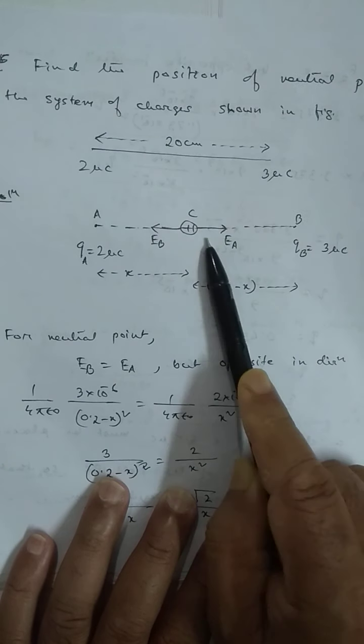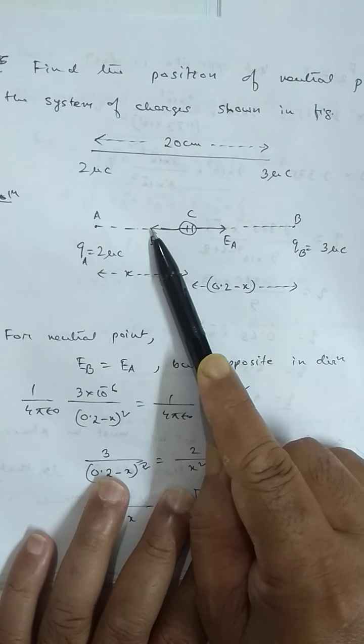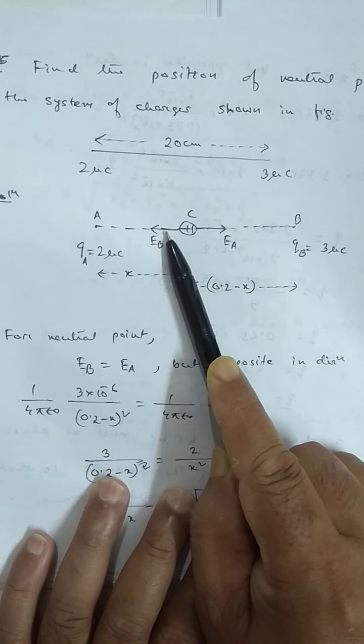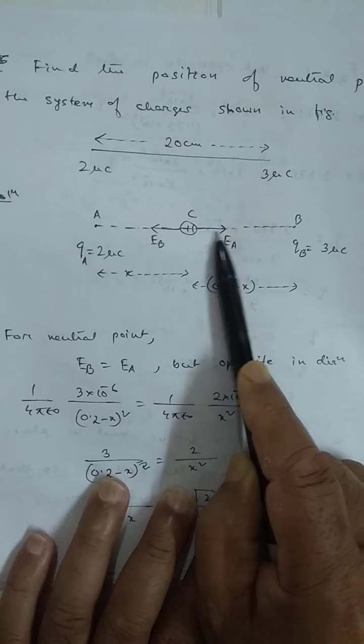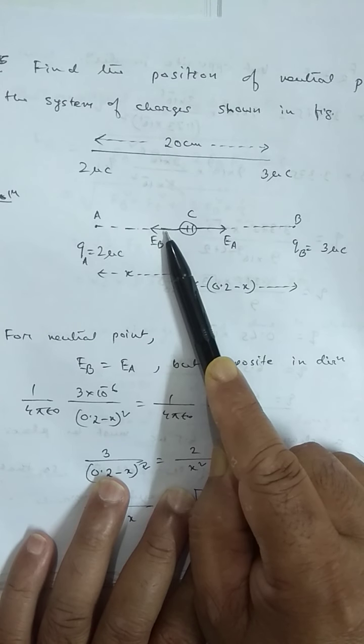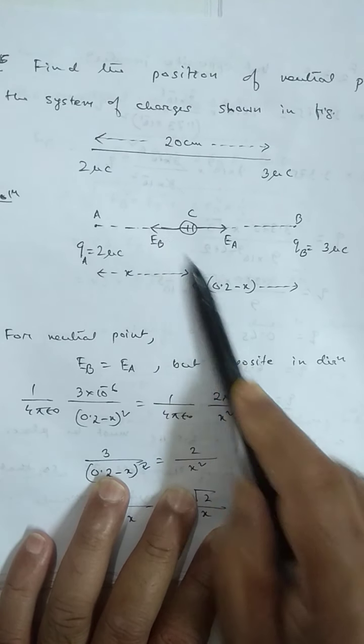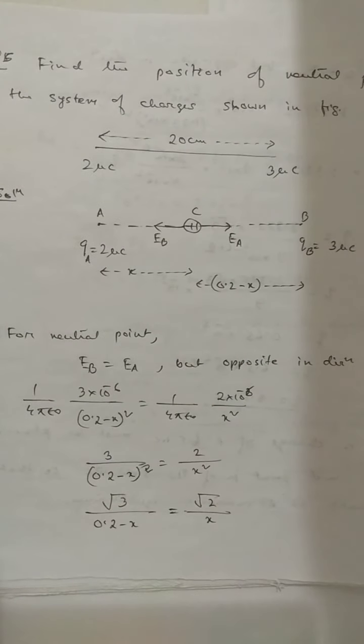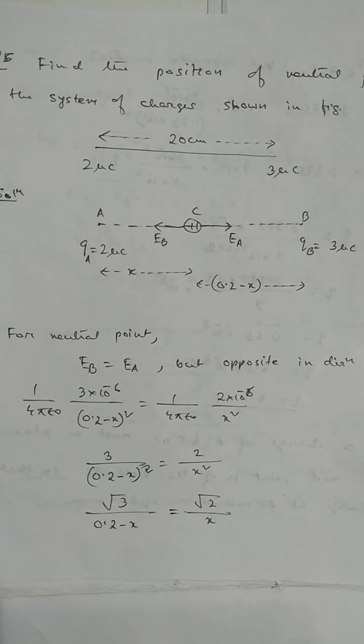This is positive, it also repels, it is EB. If the magnitudes of EA and EB are equal, then the net electric field intensity will be zero.